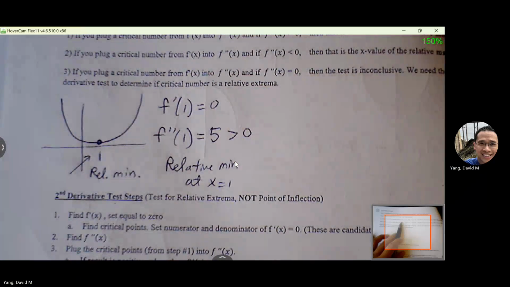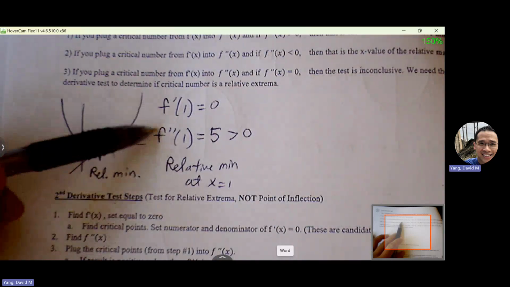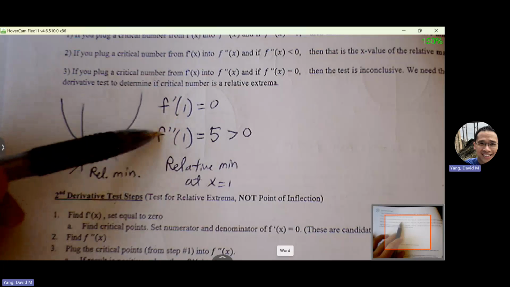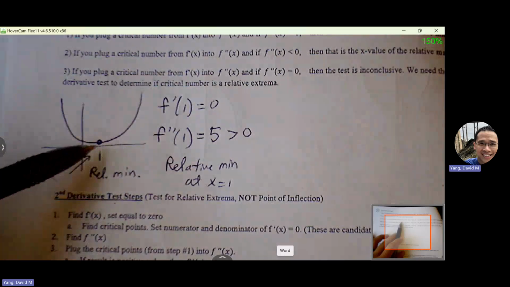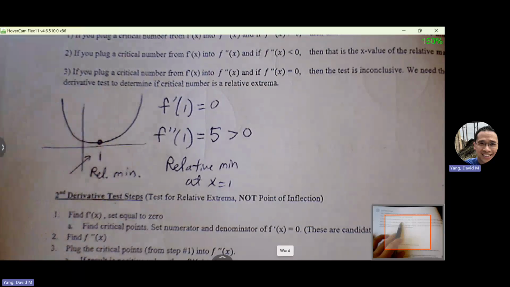We're basically combining information from two different behaviors to confirm that, okay, if the slope is 0 and is part of a concave up graph, I must be staring at a relative minimum.